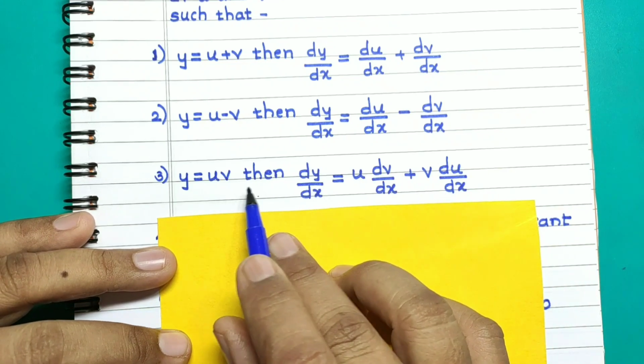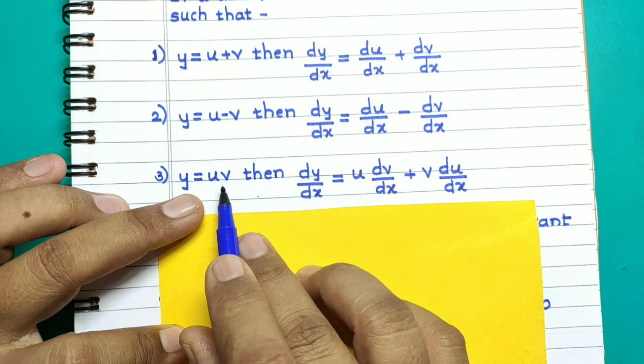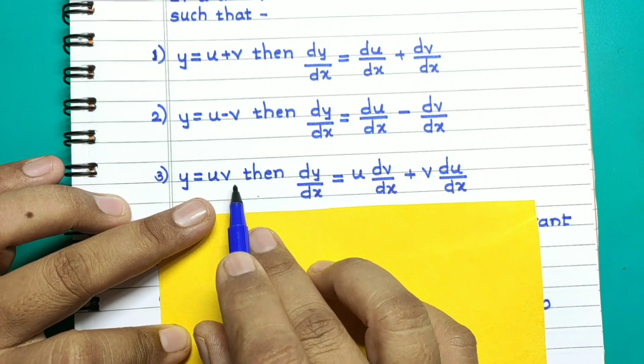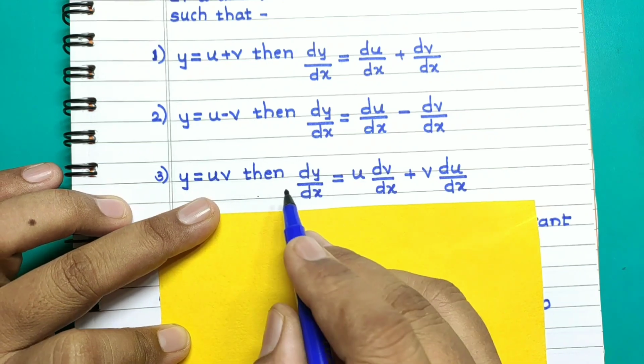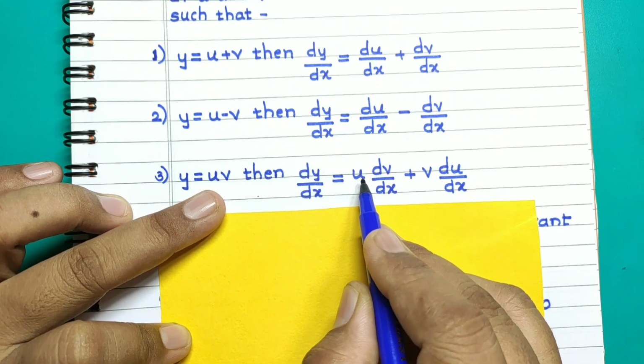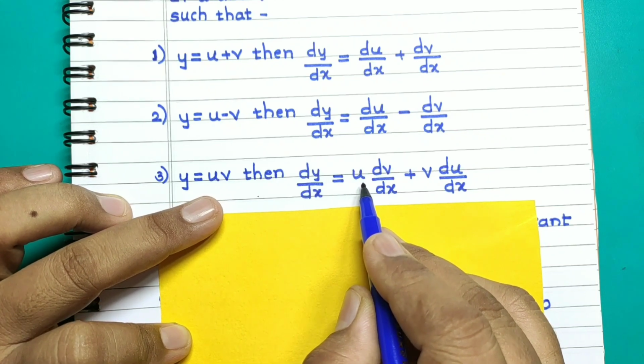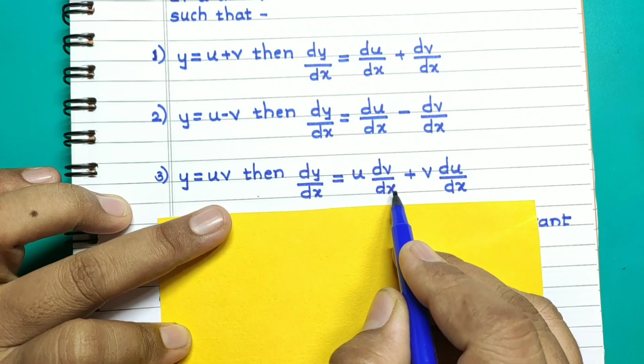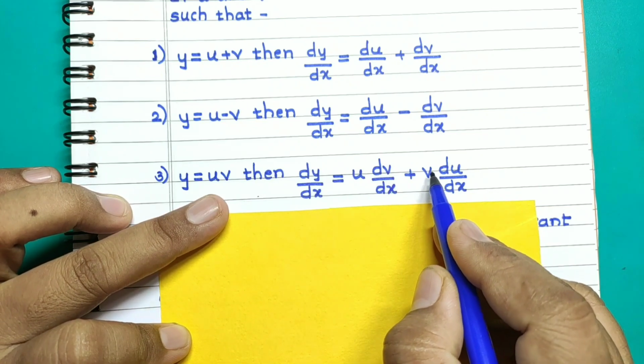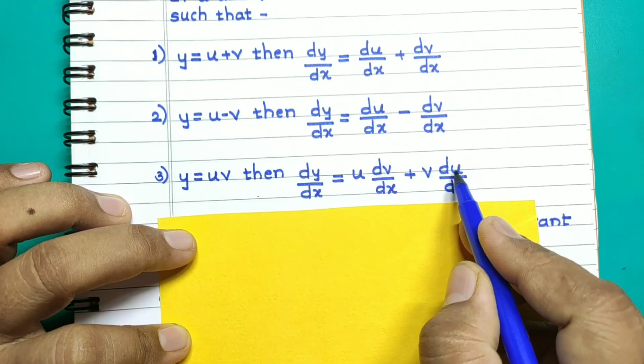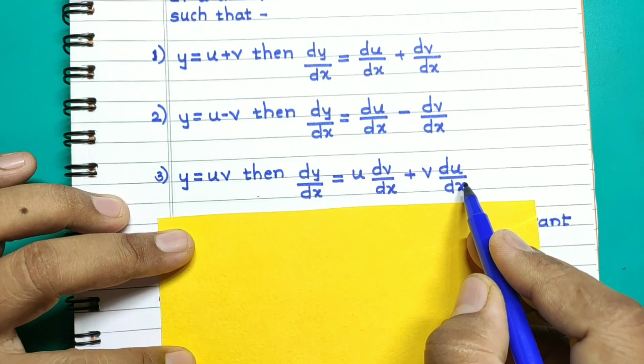That means here it is not the product of derivatives of these two functions. Note this properly. The rule is u into, that means first function as it is, into derivative of second function plus second function as it is into derivative of first function.